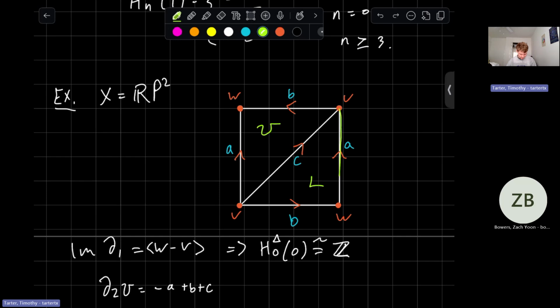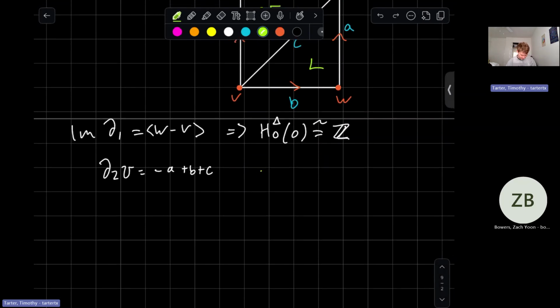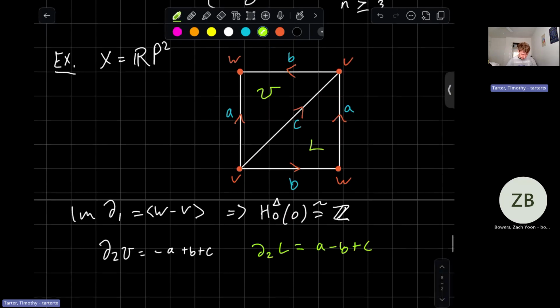Because this would work, minus A. No, that wouldn't work. Minus A plus C plus B. Okay, no, that does work. You just have to take it as Abelian. And partial 2 of L is A minus B plus C.